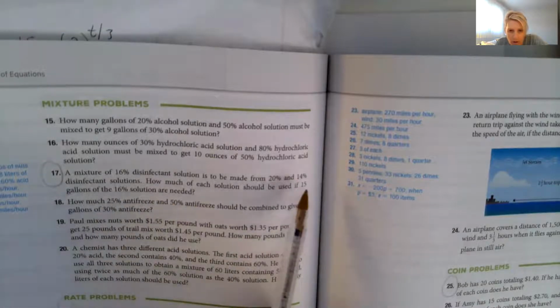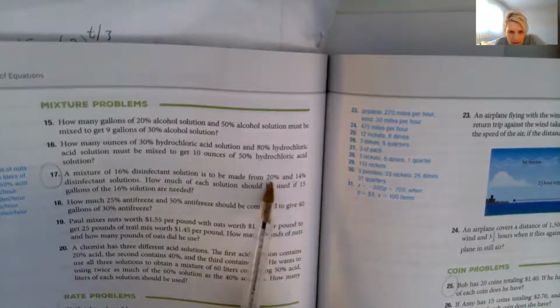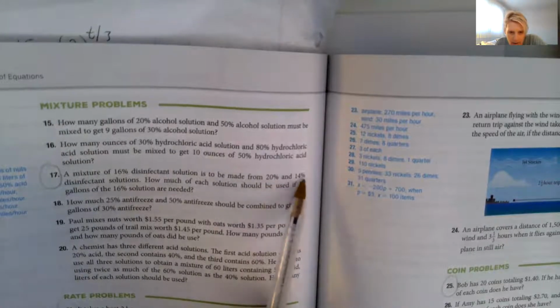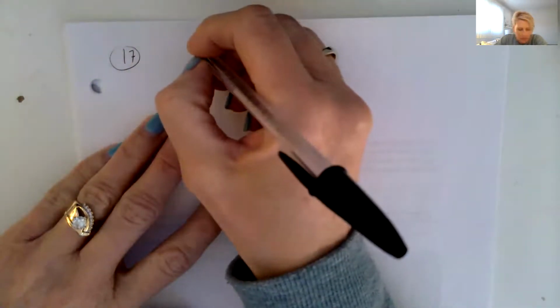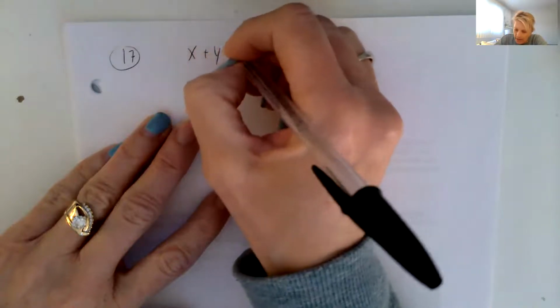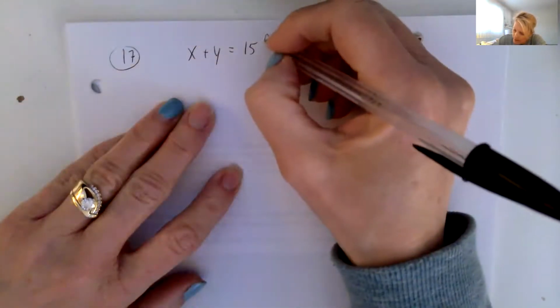So we need a total of 15 gallons, and we need a little bit stronger on the one solution than the other. So let's write down, again, we're going to have a total gallon. So we know that x plus y has to equal 15 gallons.